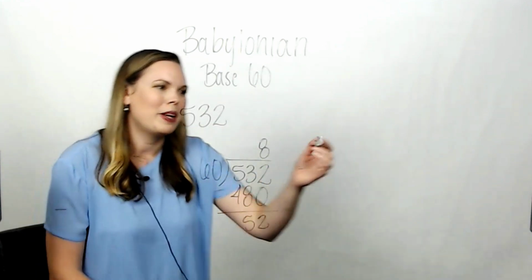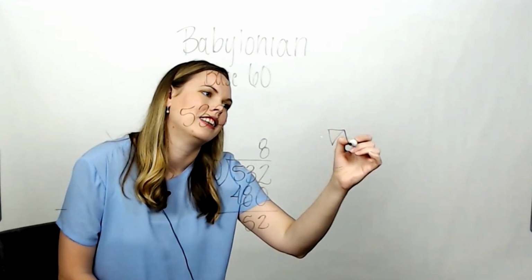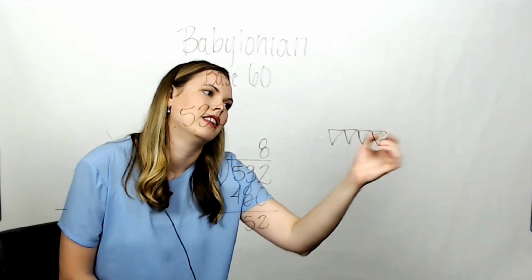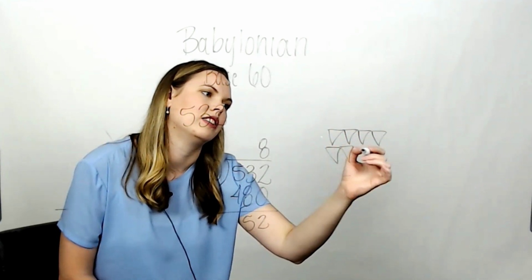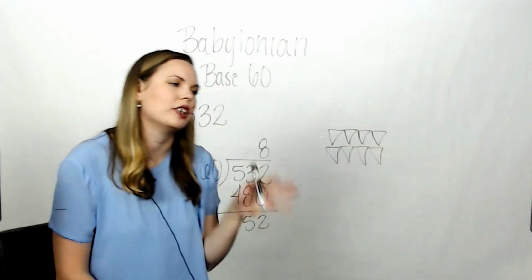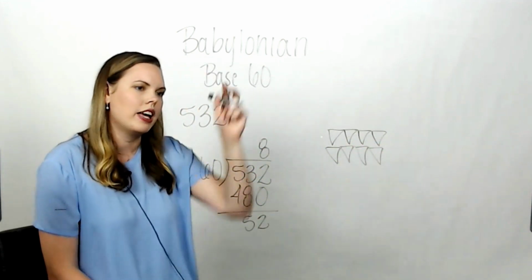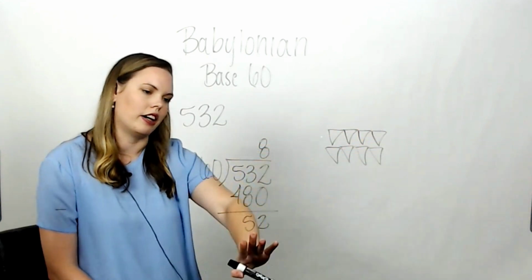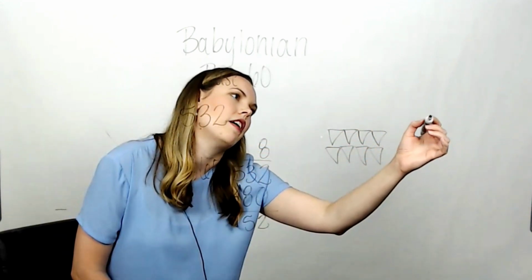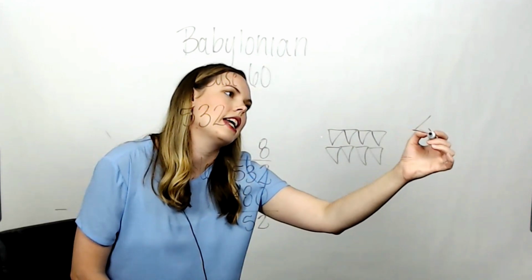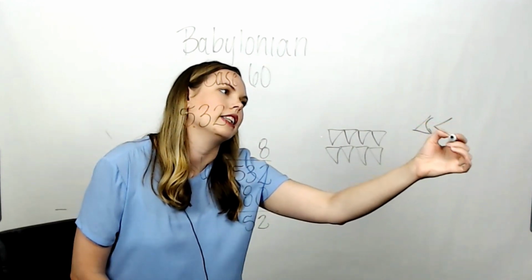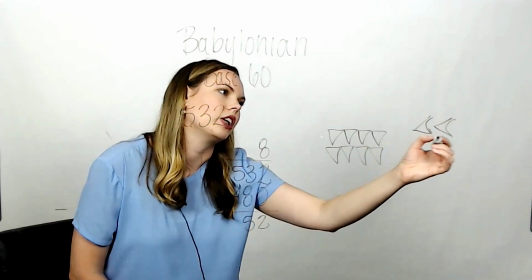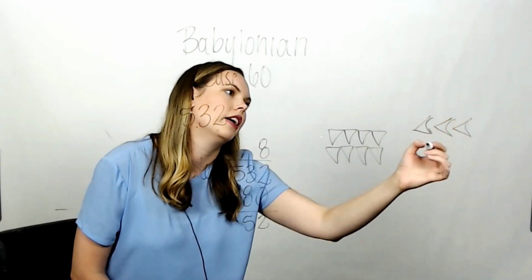So put our 8. Of course that is less than 10, so I have to use my ones and write 8 of them in our 60s place, and then leave a space and start our 52. So I'm going to have 5 of these 10s, trying to distinguish these from these, make sure, careful there.